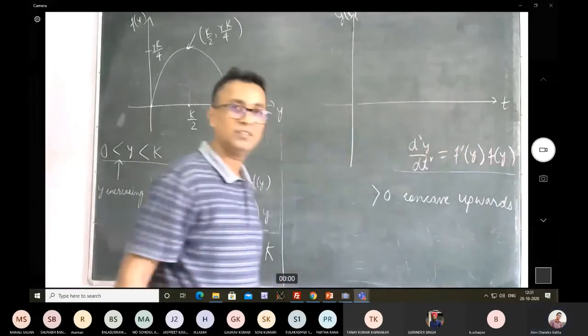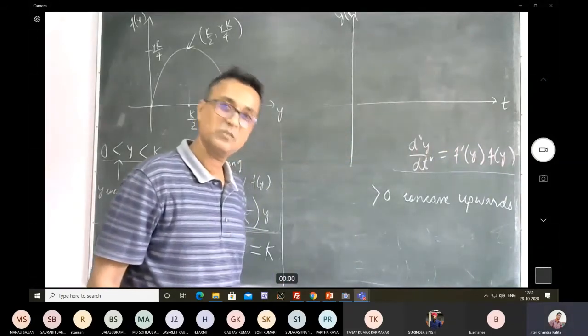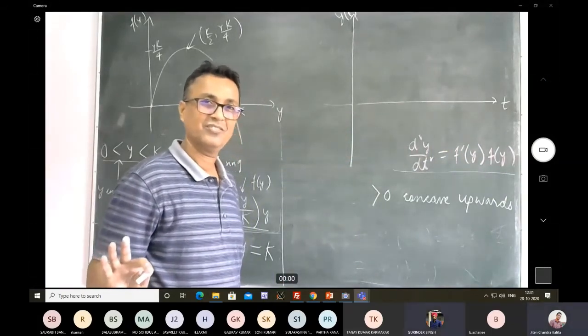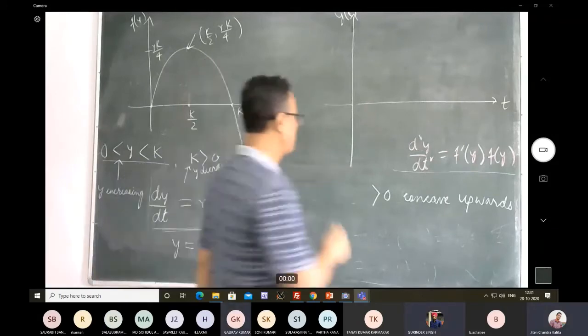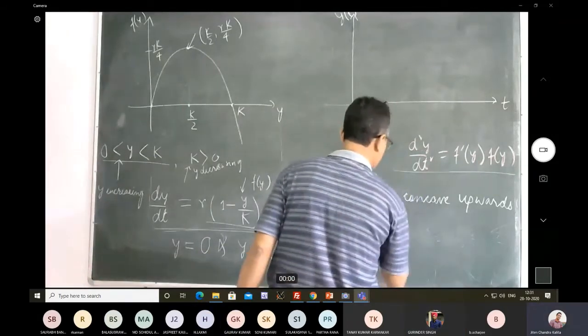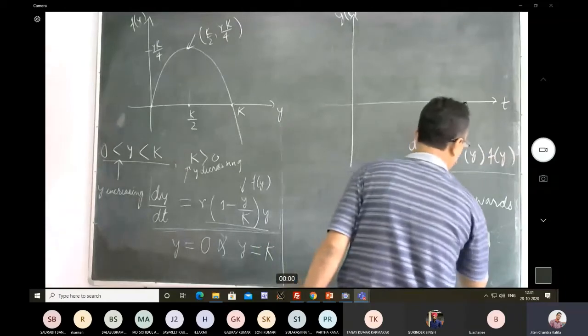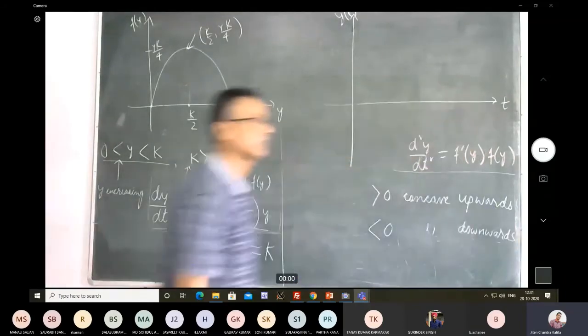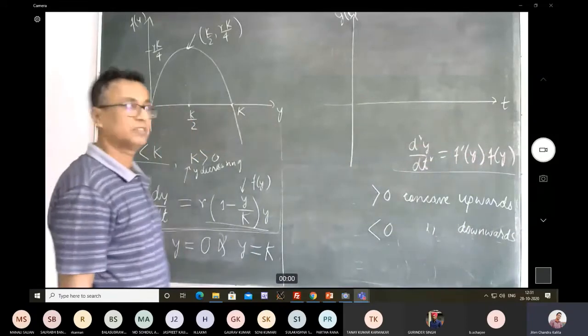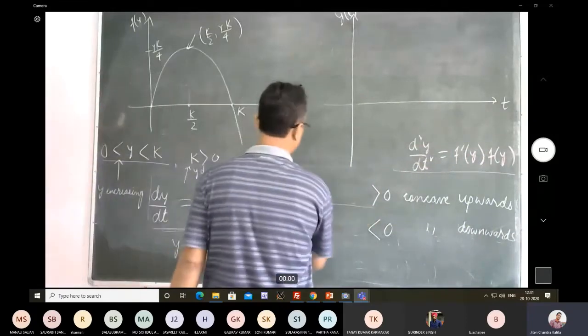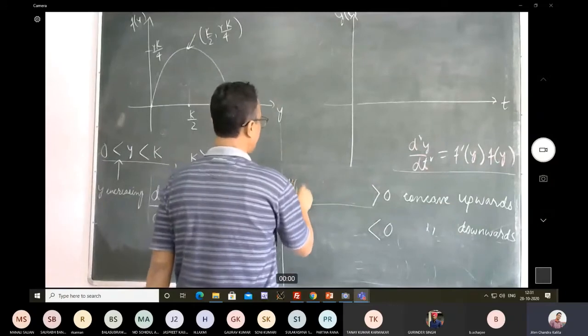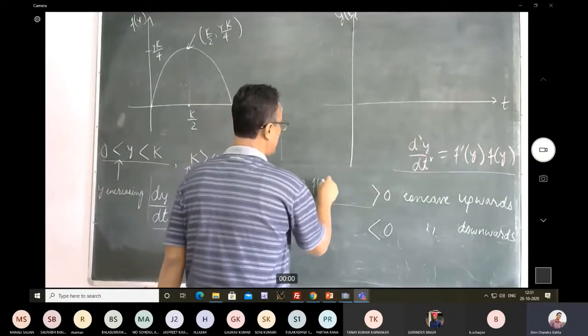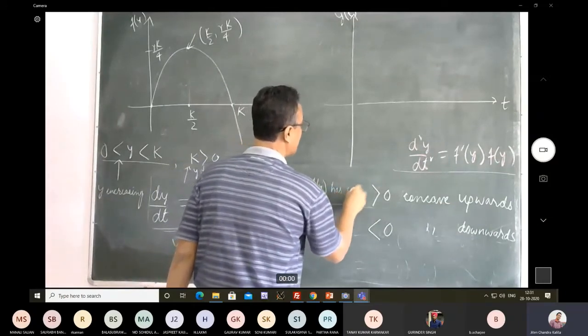And when it is less than 0, concave downwards. When does this happen? When f prime(y) and f(y) have the same sign.